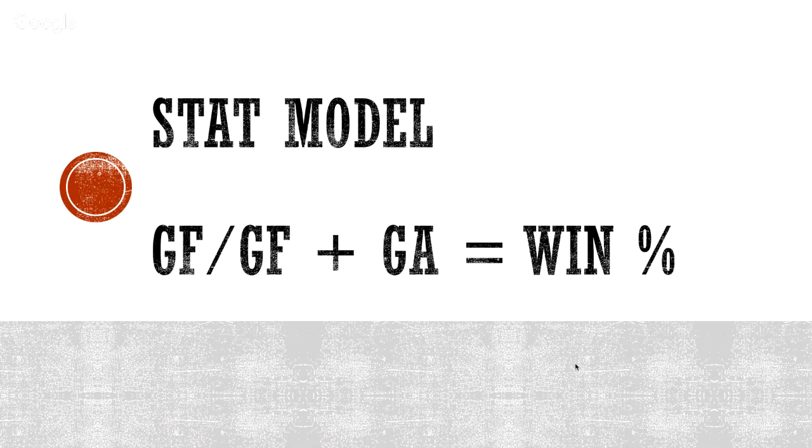He applied it to baseball, and that exploded into this whole sabermetrics ordeal, which is pretty interesting. They actually made a movie about it called Moneyball. It's a very simple formula, and I applied it to soccer to see if it would create value and help us find margins that were profitable in soccer. So that's it: goals for divided by goals for plus goals against equals our projected win percentage.